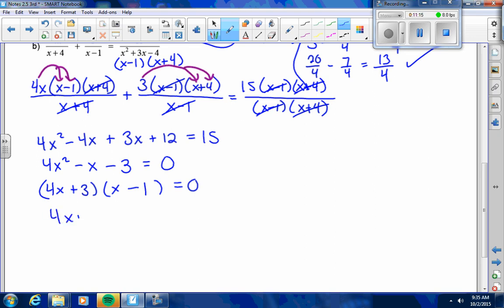Take each factor, set it equal to 0. So we get x equals negative 3/4 and x equals 1. Okay.